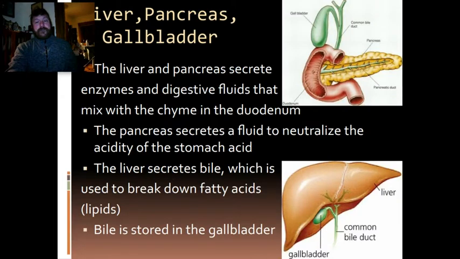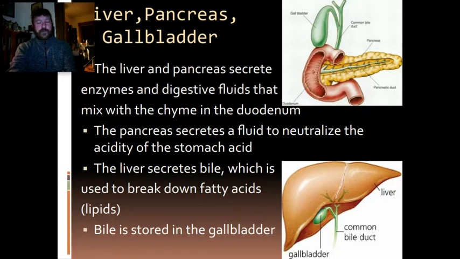Let's talk a little bit about the other organs: the liver, the pancreas, and the gallbladder. Each one of these is an organ responsible for producing, or storing in the case of the gallbladder, digestive enzymes and fluids that help to remove the nutrients from the food that you've ingested. The pancreas is actually a multifunctional organ.